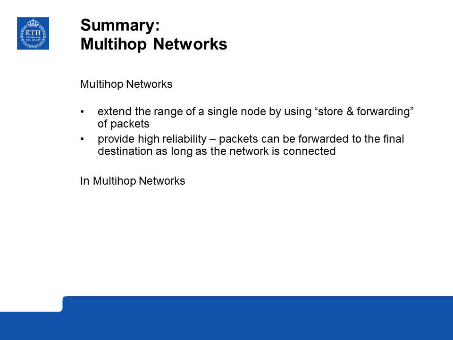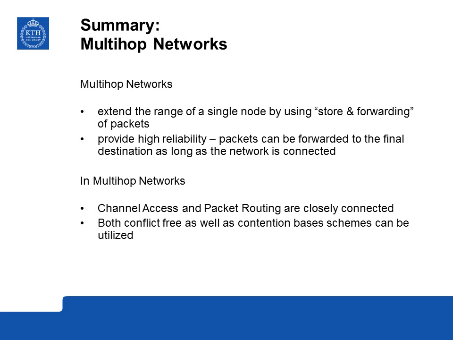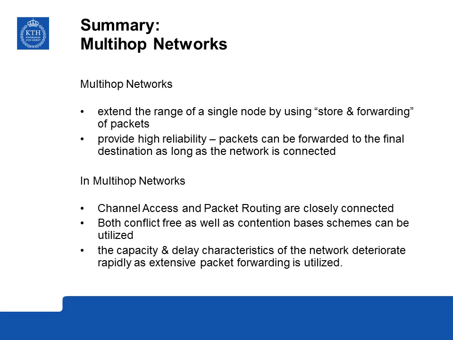The drawback in multi-hop networks is that the channel access and the packet routing are closely connected. We can use conflict-free or contention-based schemes, and the drawback is that the capacity and delay characteristics of the network deteriorate rapidly as we extensively use packet forwarding in the system.